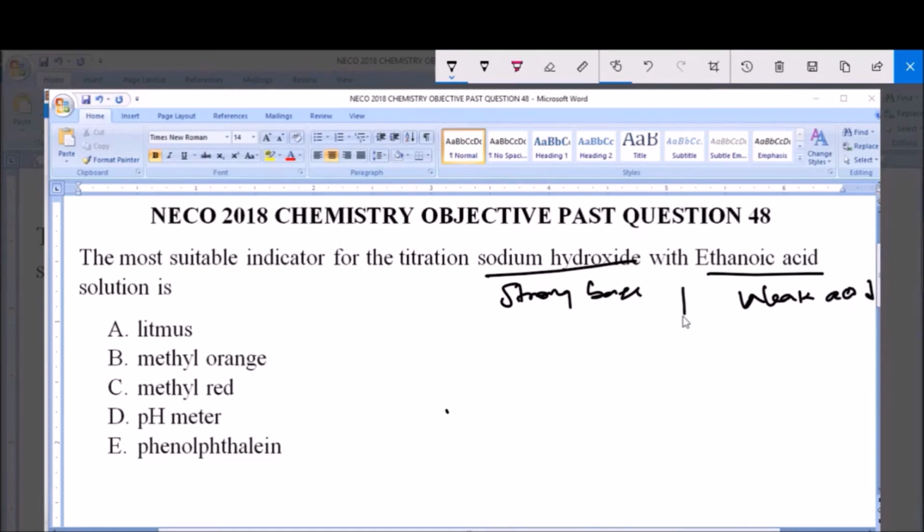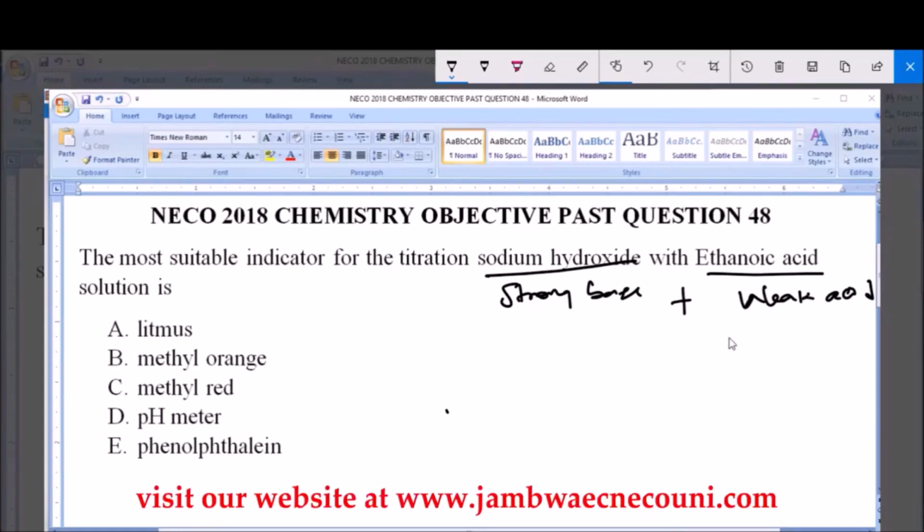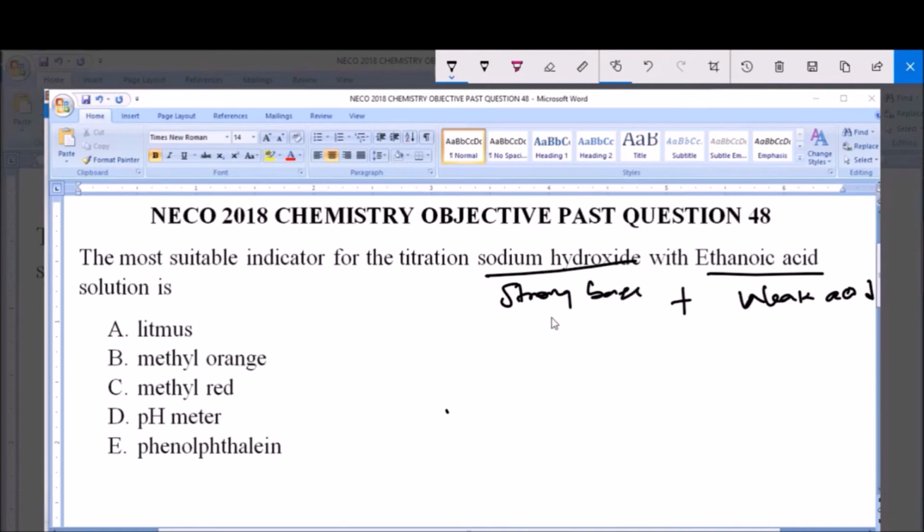And like we know, the indicator used for a titration depends on the strength of the reactants, either strong base and strong acid, or strong base and weak acid, or weak base and strong acid, or weak acid and weak base.